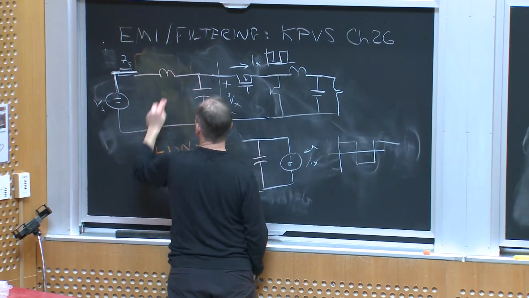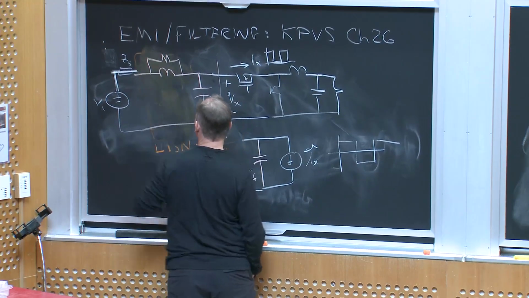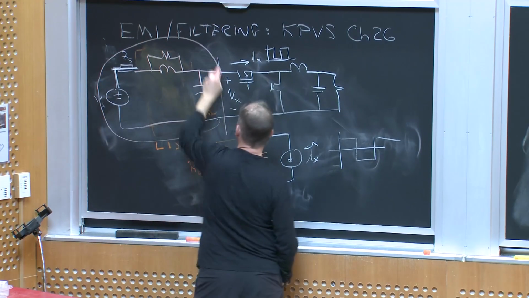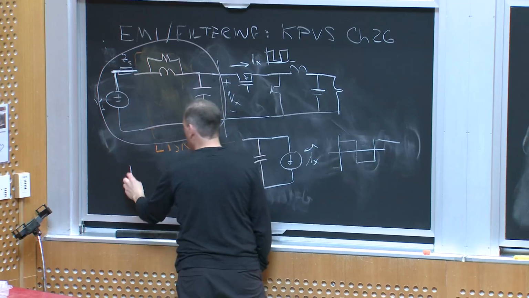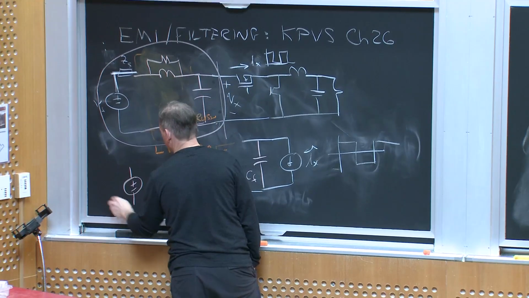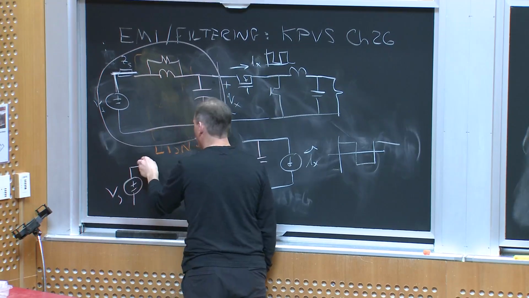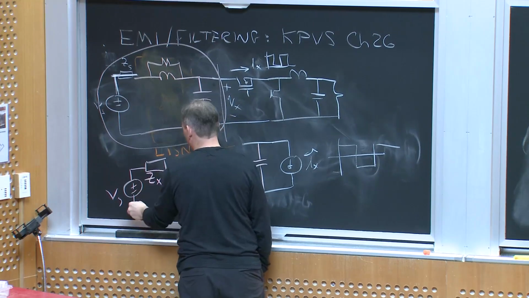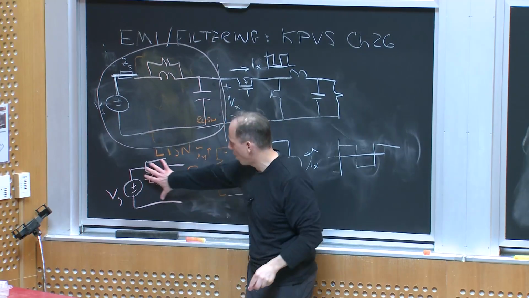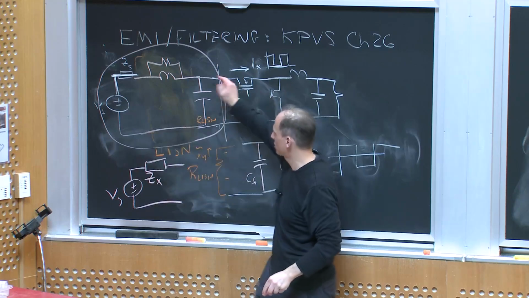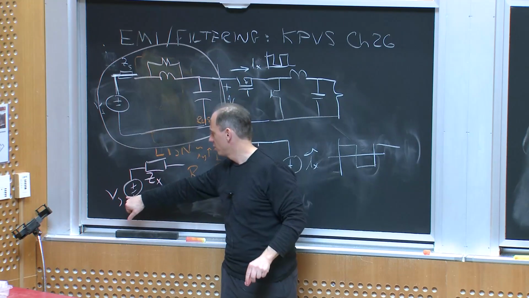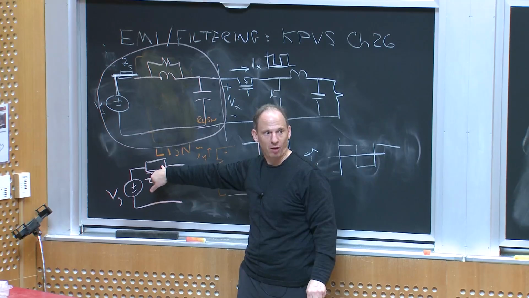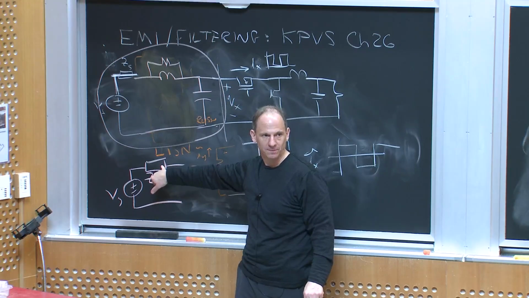But I could replace this whole thing with the source voltage Vs and an output impedance Zx, the output impedance seen from my filter. So this is really the model of my source and filter. It's the source voltage in series with the output impedance of my filter. That's a Thevenin model for my system, okay?